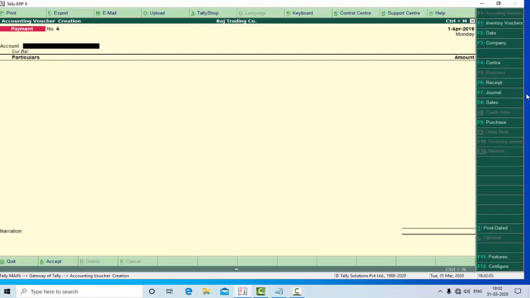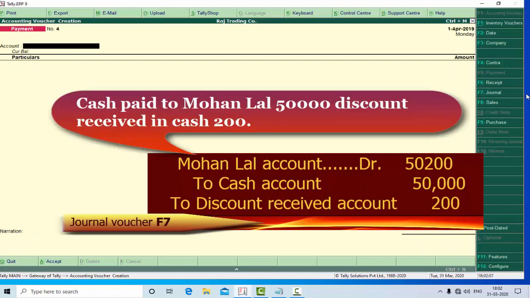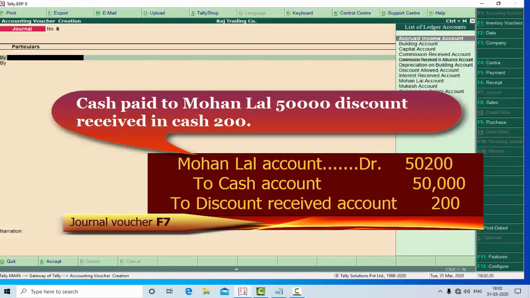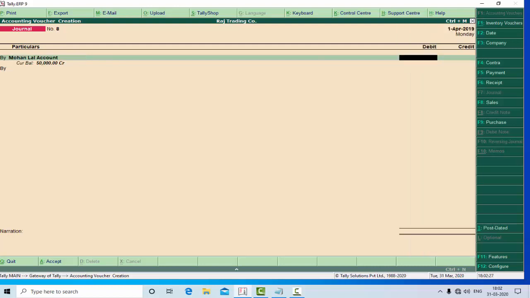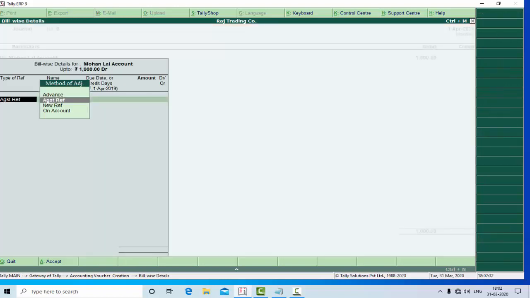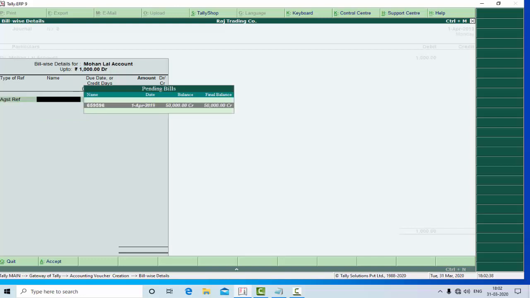And after that, discount received from Mohanlal, the entry will be Mohanlal account will be debited. Discount received is an income for our business. Discount received account will be credited, and that entry will be again recorded in journal voucher like discount allowed. So first of all, we will debit the Mohanlal account with 1,000 and credit the discount received, and again adjust bill reference from where that discount will be adjusted.